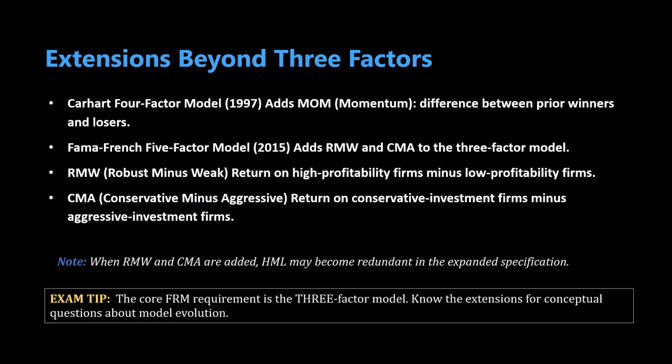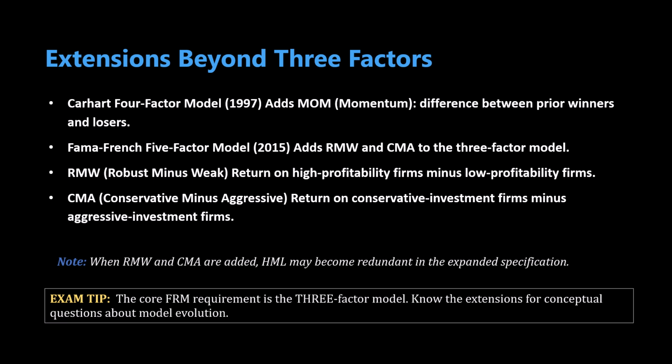The Fama-French 5-factor model adds 2 more factors, RMW, or robust minus weak, which captures profitability, and CMA, or conservative minus aggressive, which captures the effect of investment policy. These extensions show that empirical asset pricing kept moving toward richer multi-factor structures.